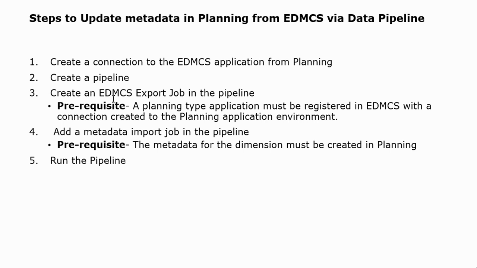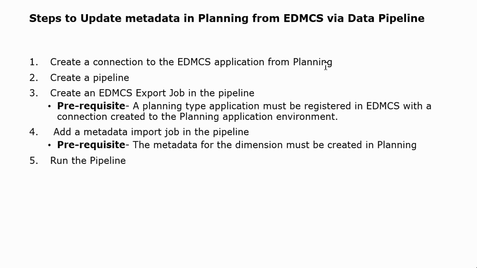The connection from EDMCS to planning is required because when we trigger the export of the dimension to a file, that file being transferred to planning will take place through this connection from EDMCS to planning.